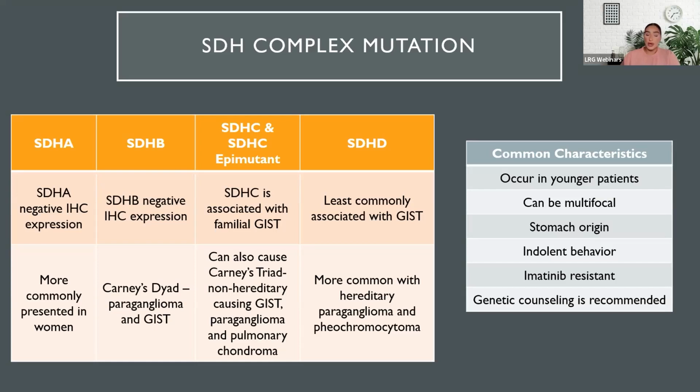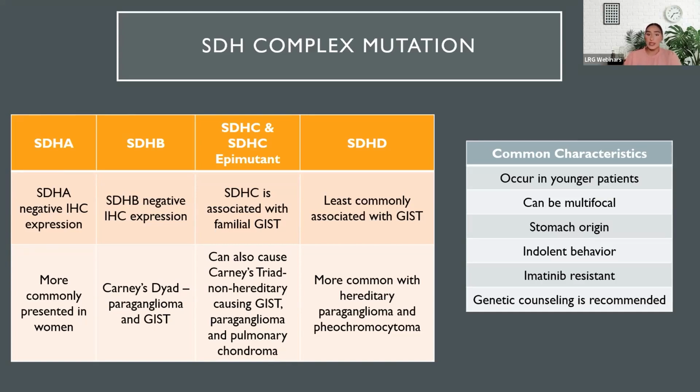SDHA mutations are more commonly present in women. For SDHB, this also is indicative through IHC expression, but to be confirmed, you do have to get mutational testing to know exactly where in the SDHB gene the mutation is. Within SDHB, there is Carney dyad, which is both a GIST tumor plus a paraganglioma.